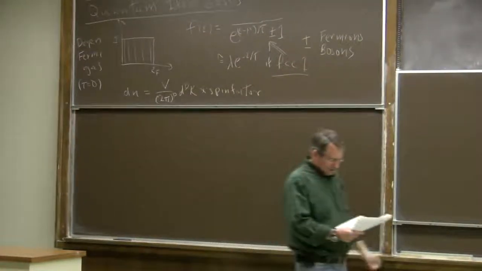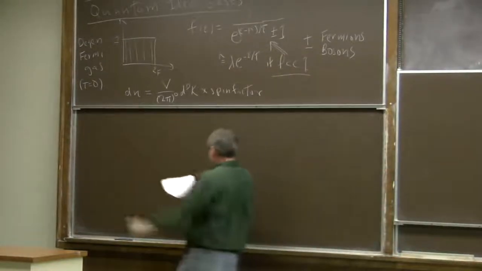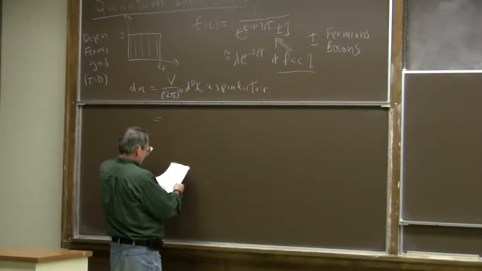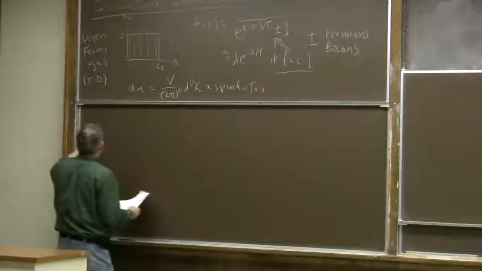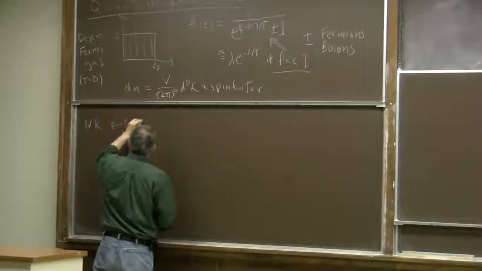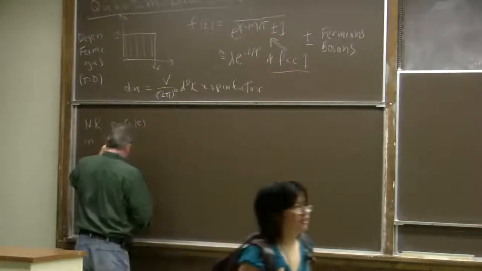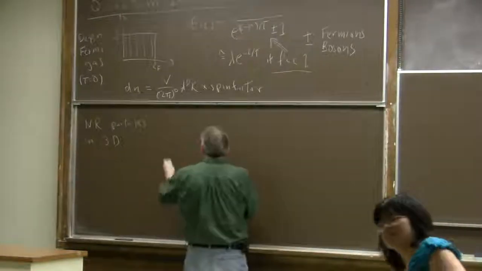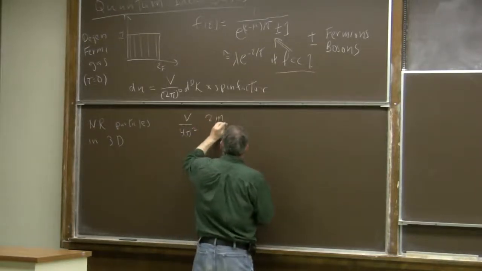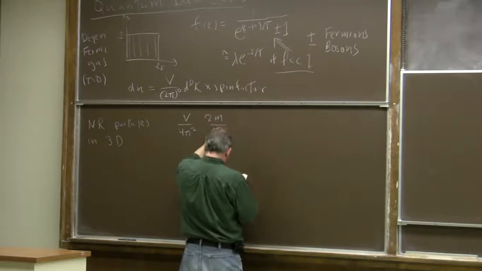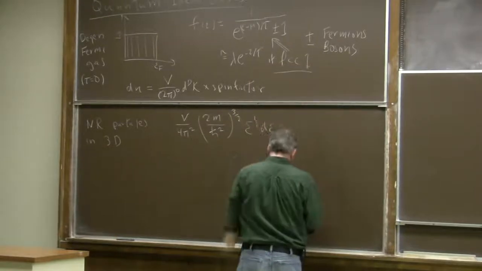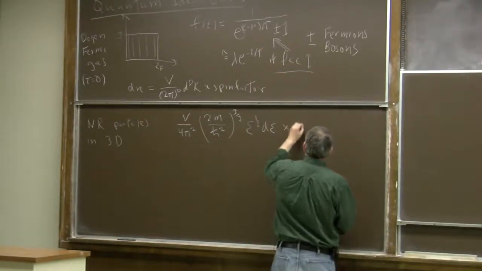In the case of non-relativistic particles in 3 dimensions, I could write that as volume over 4 pi squared, 2m over h bar squared to the 3 halves, energy to the 1 half, d energy times the spin factor.